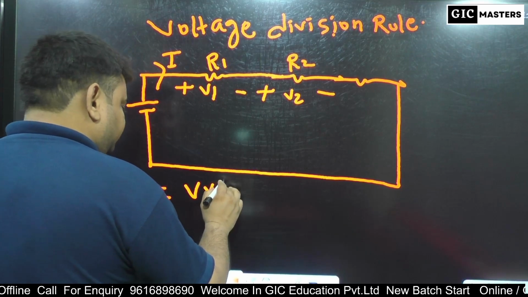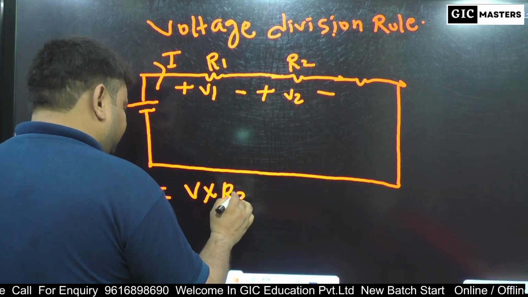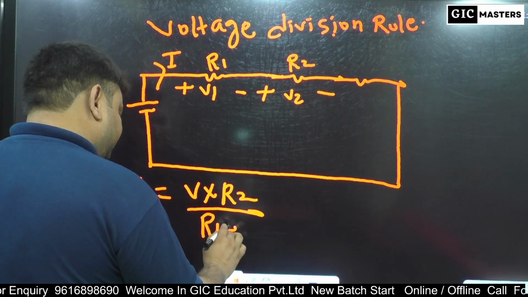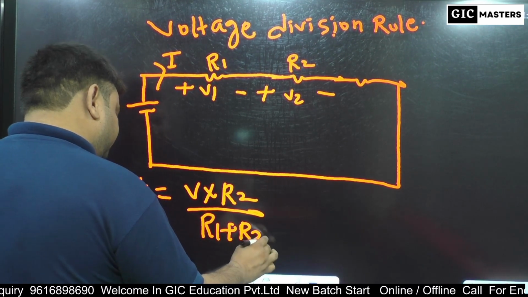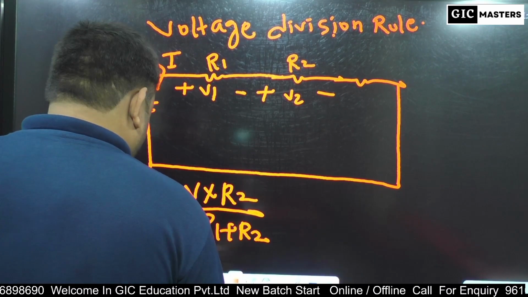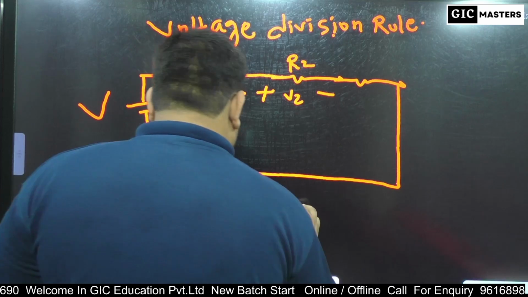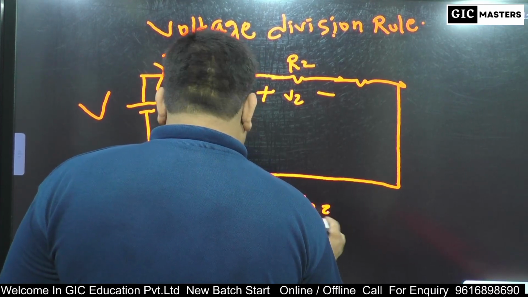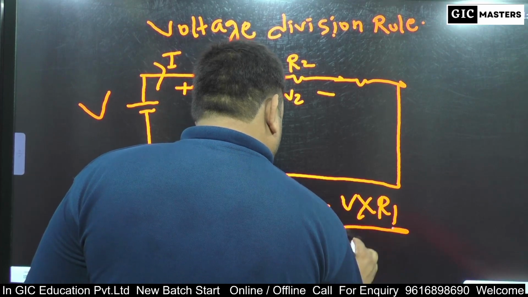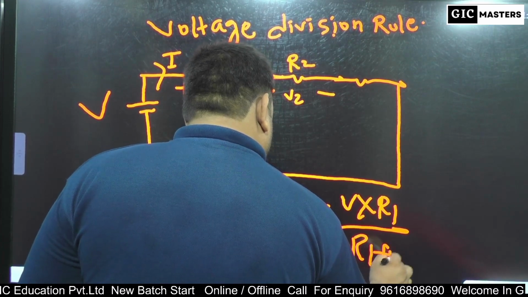So V1 equals V into R2 upon R1 plus R2. Similarly, V2 equals V into R1 upon R1 plus R2.